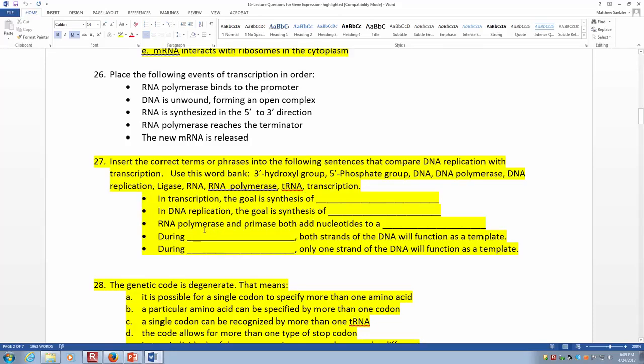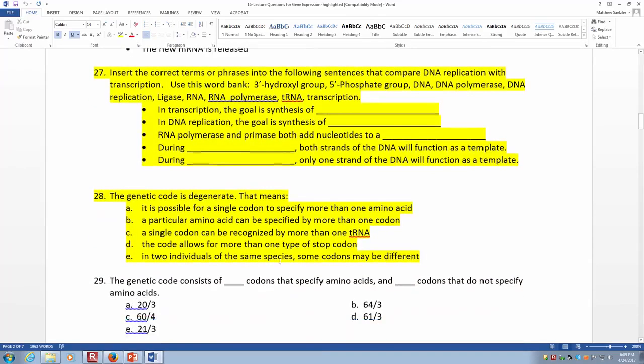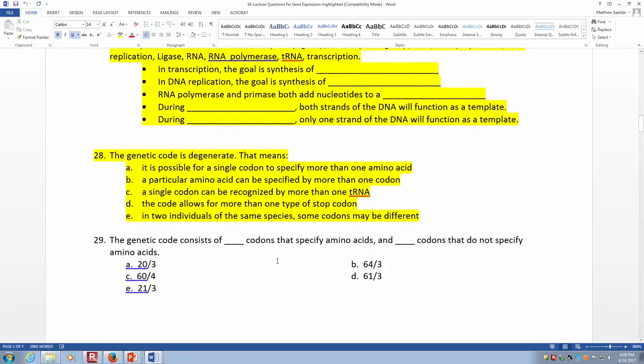Okay, the next one, during blank, both strands of DNA will function as a template. Right. And then during blank, only one strand of DNA will function as a template. Right, transcription. Okay, so this gets at a question that we asked during the short answer part, but the genetic code is degenerate.